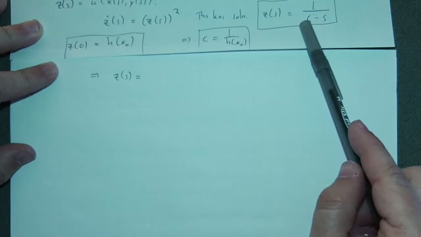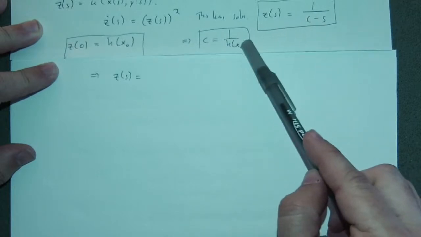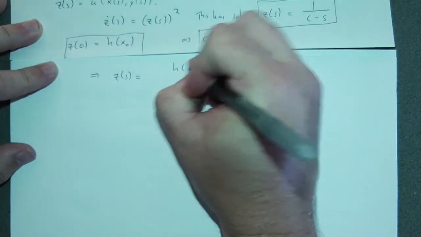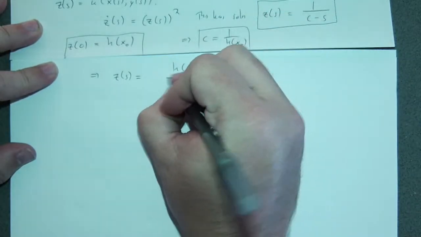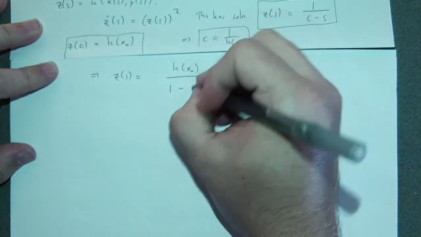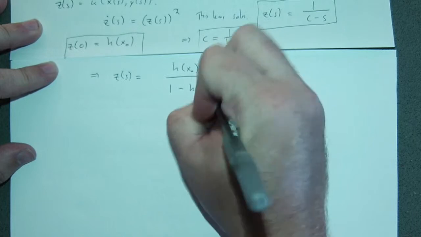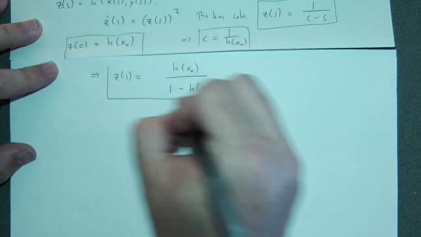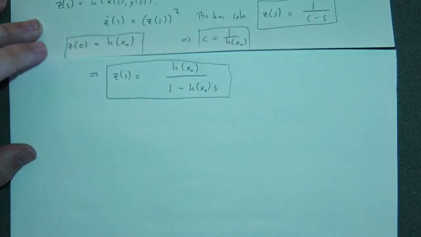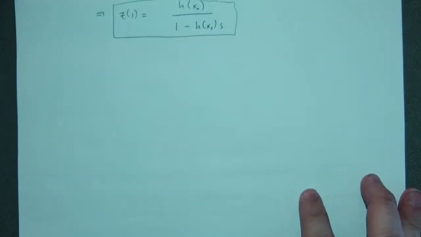If I clear denominators by multiplying through by h of x naught over h of x naught, I get an h of x naught in the numerator, and then here I get 1 minus h of x naught s. Okay. So I'm almost happy.